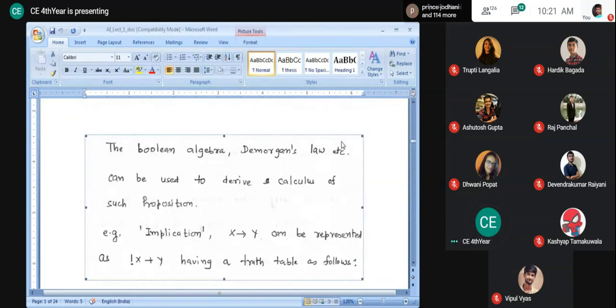Moving to the next point, the Boolean algebra, De Morgan's laws, etc., can be used to derive calculus of such propositions. And the connectives which are there in propositional logic are not, and, or, implication, bidirectional implication.